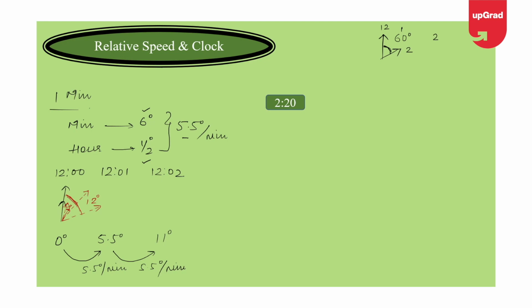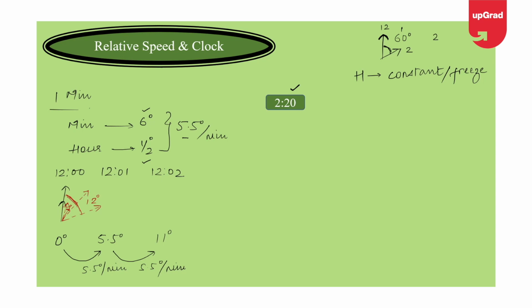Now listen to the process carefully. Now we have to go 20 past 2, which means the minute hand should travel for 20 minutes. In case of relative speed, I make the hour hand constant, I will not move it. I'll freeze it.